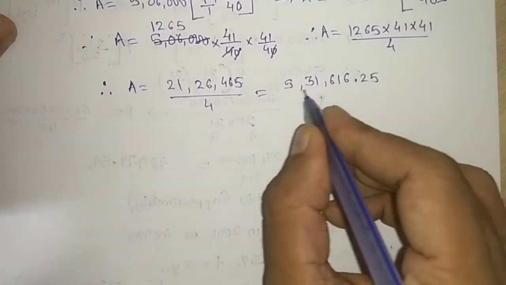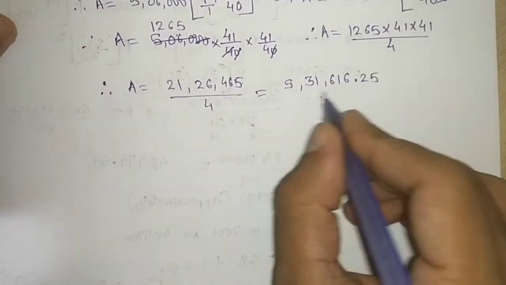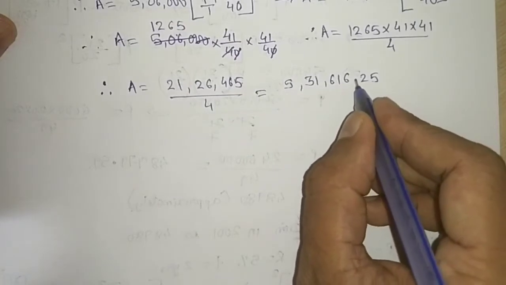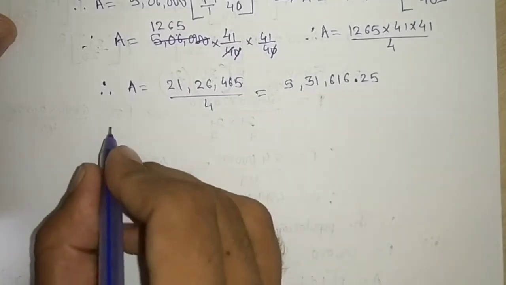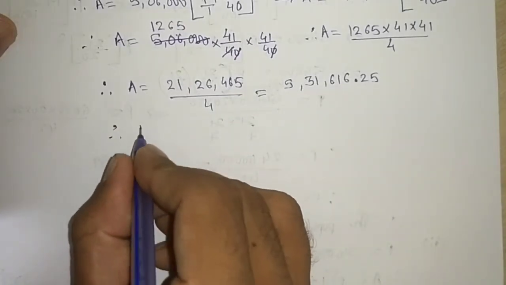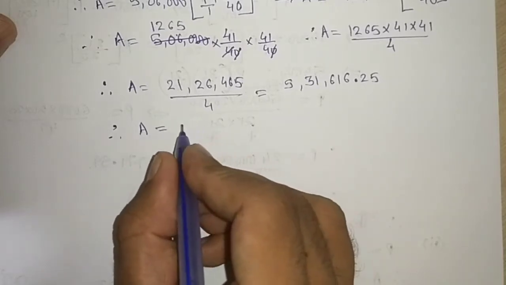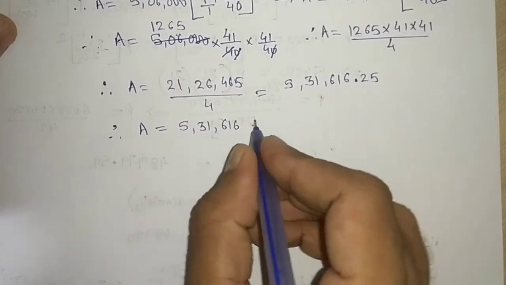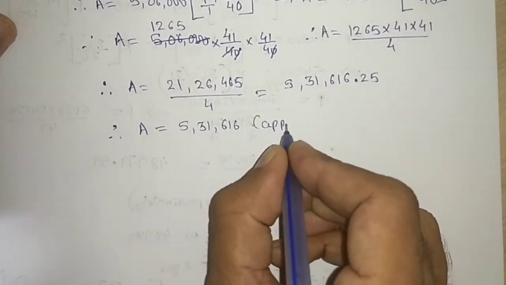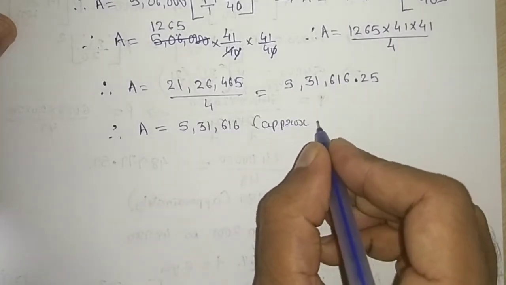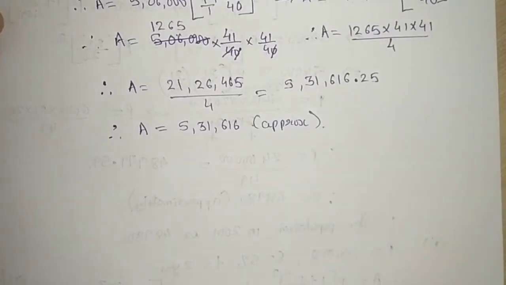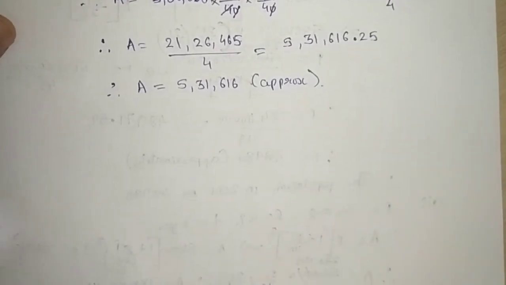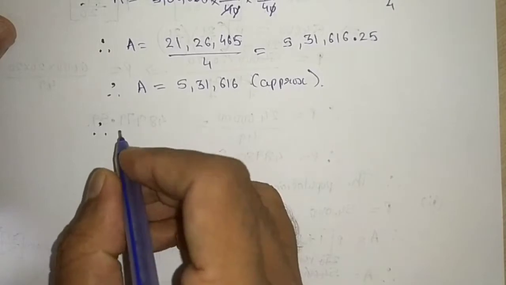But this is the count of bacteria, and bacteria can't be in decimal point. So we will write its approximate value. So we will write A is equal to 5,31,616, and in bracket we will write approx, that is approximate.